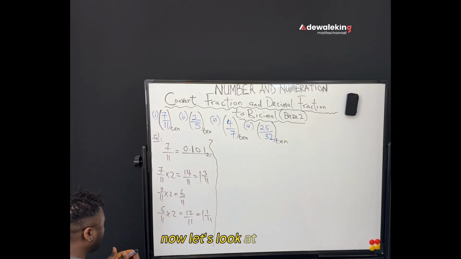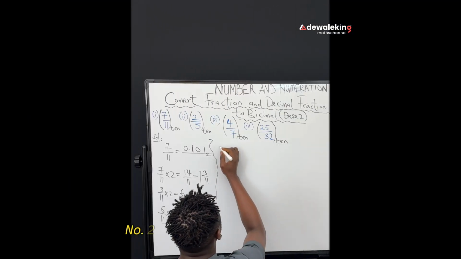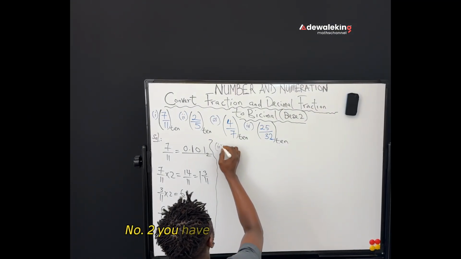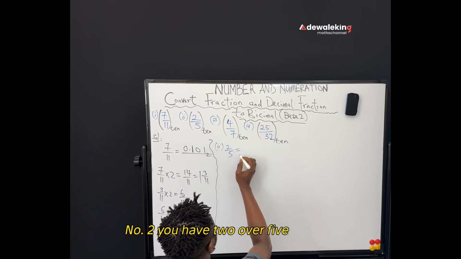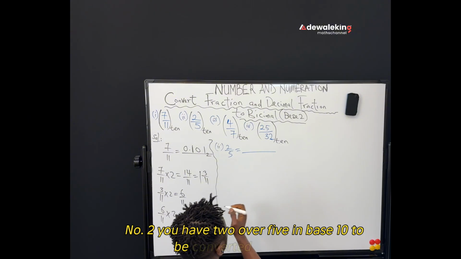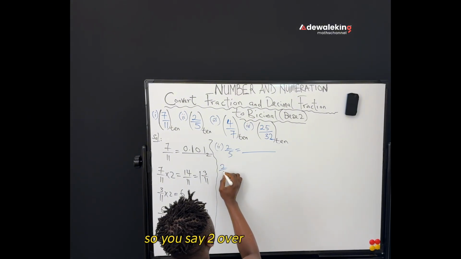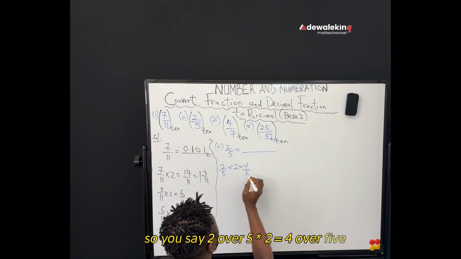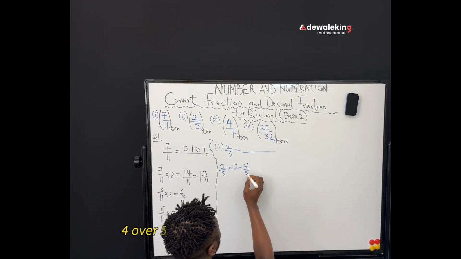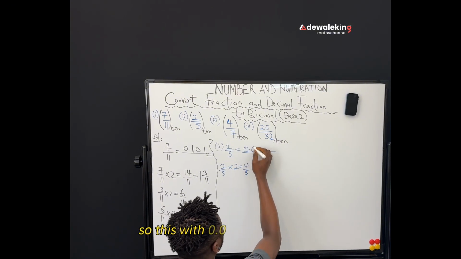Now let's look at number 2. Let's change our marker. Now number 2, you have 2 over 5 in base 10 to be converted to base 2. So you say 2 over 5 times 2 will give us 4 over 5. 4 is a number that is smaller than 5, so this will be 0 point 0.